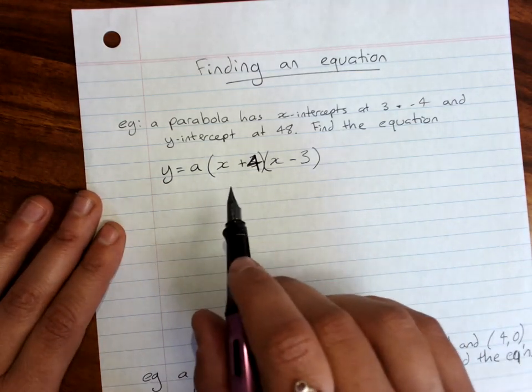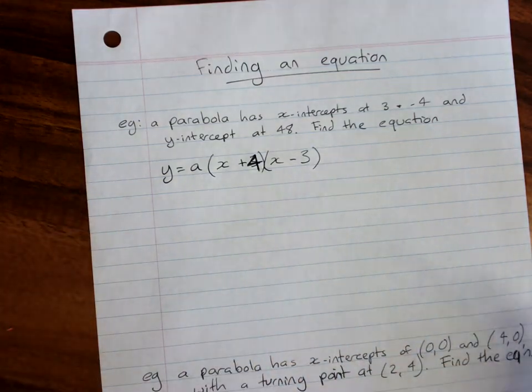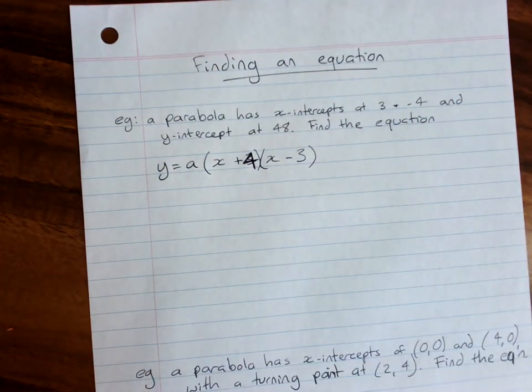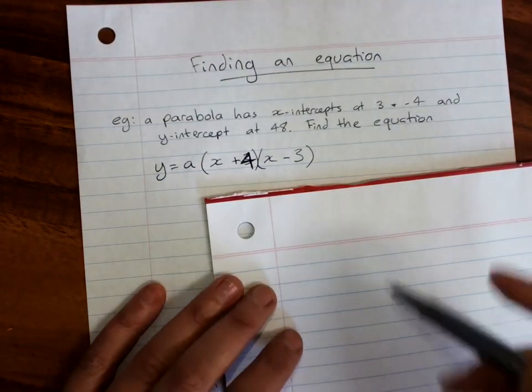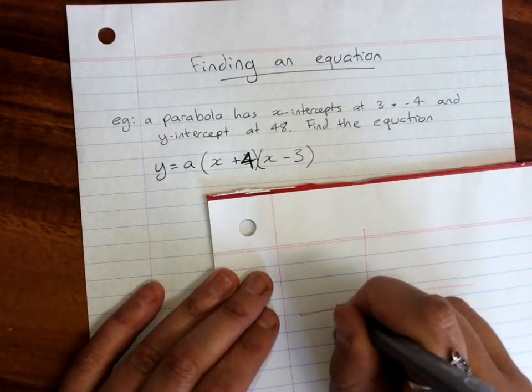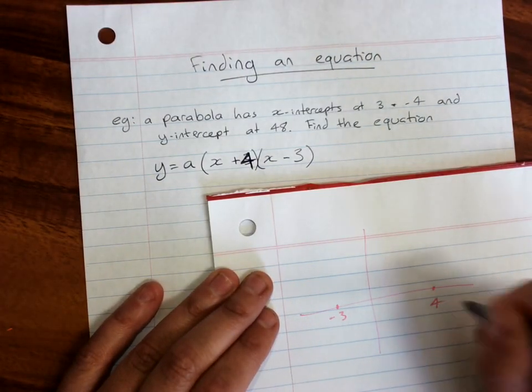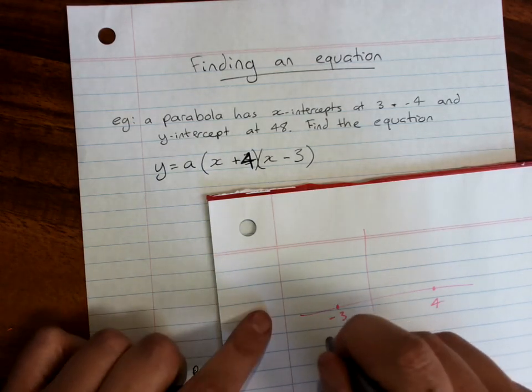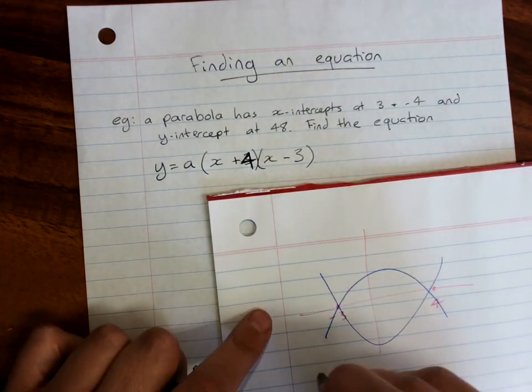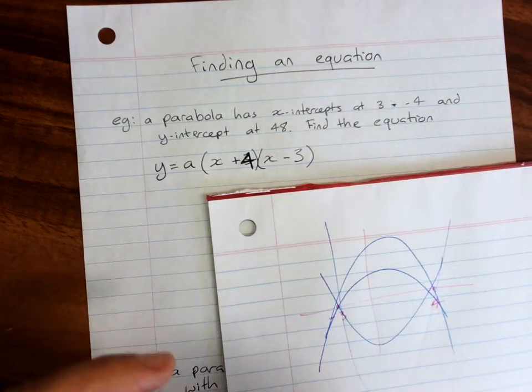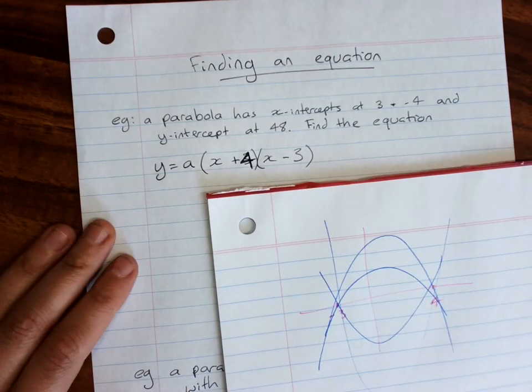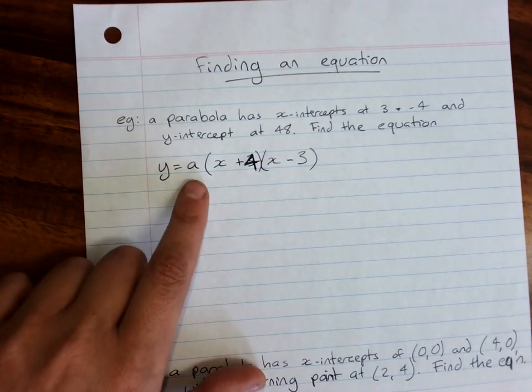Now, just having the x-intercepts would draw me all sorts of equations, because here's negative 3, here's 4. I could have a graph that looks like that, or like that, or like that, whatever. So you do need one other point apart from the x-intercepts, and we have to work out a.